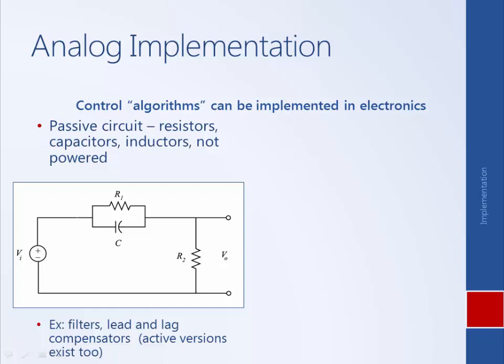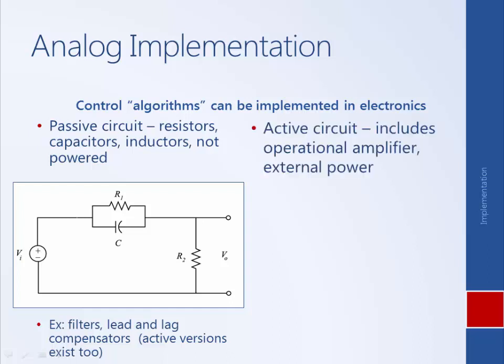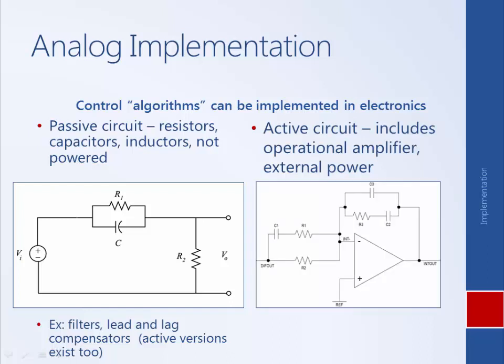Active versions of these circuits also exist. So low pass filters can be an active or passive version. Lead and lag compensators can be active or passive. And so active circuits tend to include an amplifier, an op-amp, such as this example, and they require an external power source. And there are advantages and disadvantages of a passive or active implementation of a compensator or filter.